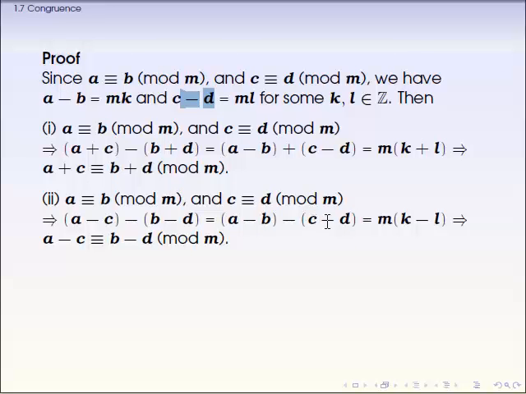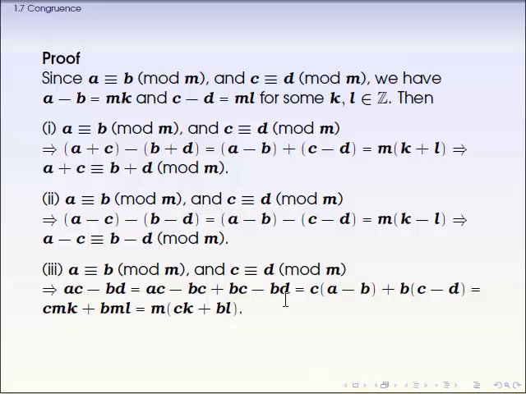So this can be written as m times k minus l. The meaning is this subtraction is actually a multiple of m. So by the definition, we can say a minus c is congruent to b minus d modulo m. That's the second case. The third one is, how about ac minus bd?